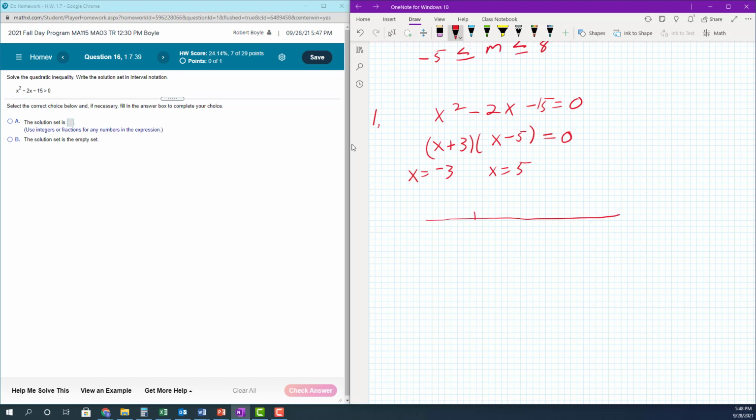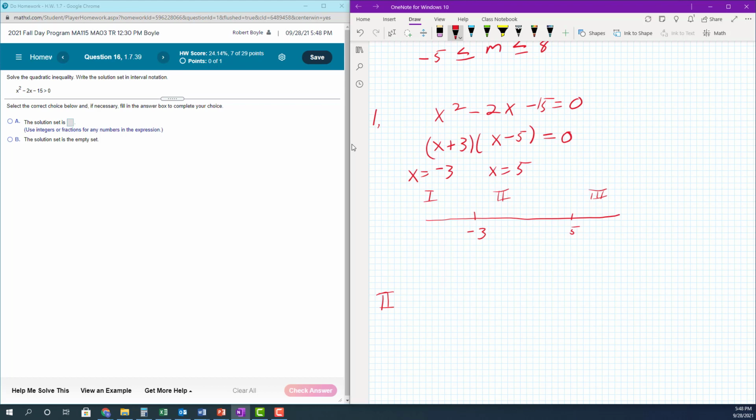Okay, so here's our number line. Here's negative 3. Here is 5. We have 3 intervals. Here's 1, 2, and 3. Okay, so let's take a look at interval 2. Remember, we want to see which of these intervals satisfies the inequality, makes the inequality true.